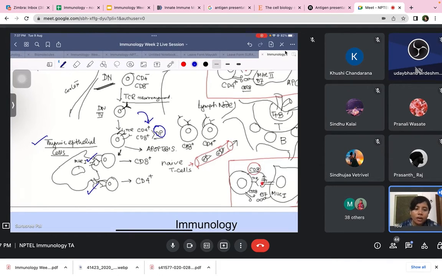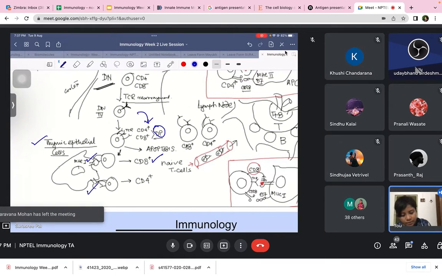And depending on which molecule of MHC they interact with, the double positive cells will undergo further differentiation to become single positive. So either they will express CD8 or they will express CD4. So they will become either CD8 positive or CD4 positive naive T cells. Okay, these are naive because they have not met with the antigen yet. They are yet to be matured.